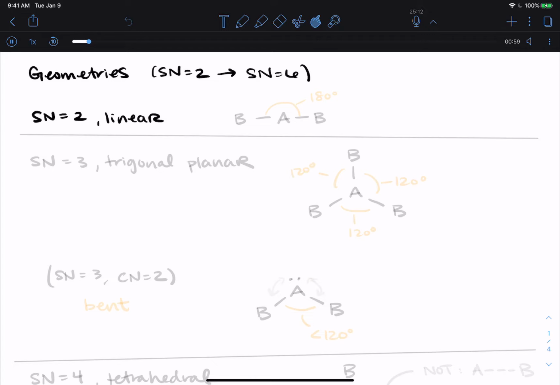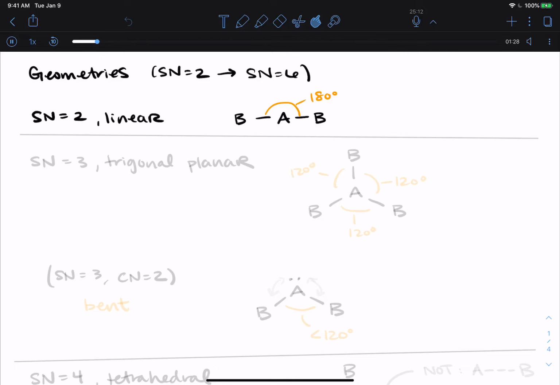And we are only going to look at the situation where our generic central atom A has 2 atoms attached to it. We're going to make those B generic atoms. And so the farthest apart that 2 things can get in 3D space is 180 degrees. So the bond angle in a linear shape is 180 degrees, and that's it.